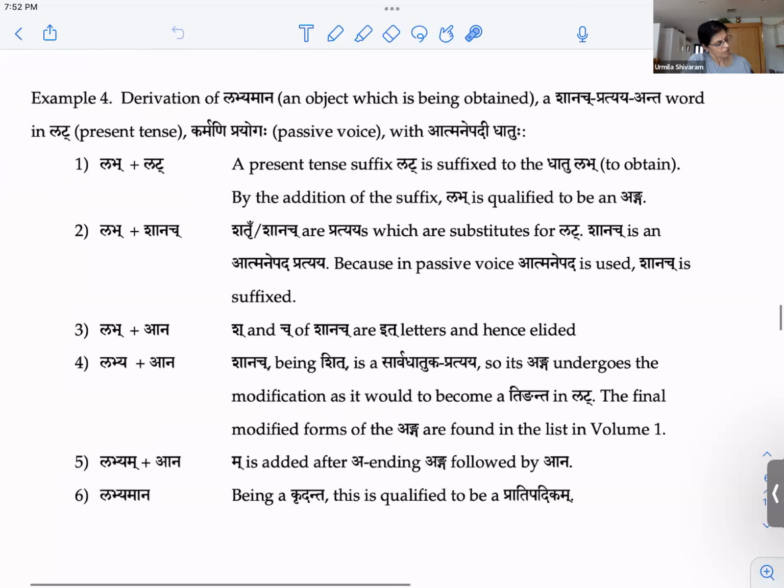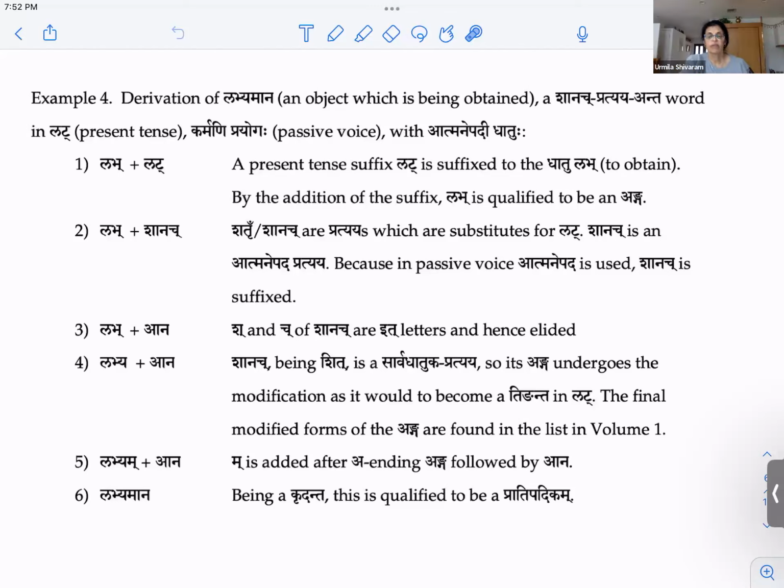Just wanted a clarification. Atmane Pade endings would go te, ite, and te. So the Yakara is only for Karmani Prayoga. Yeah, that's where the difference is. When we're in Shatra and Śānac, when we're in Karmani Prayoga, you're going to add a Yakara.